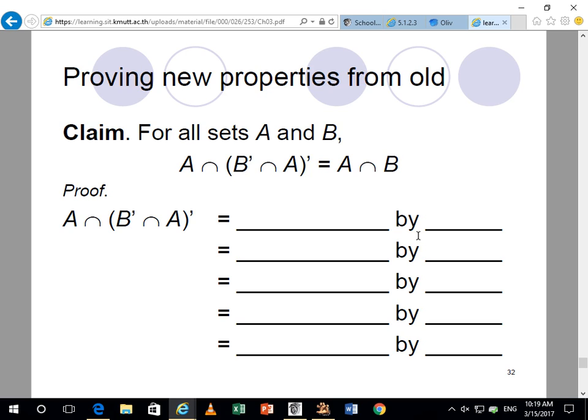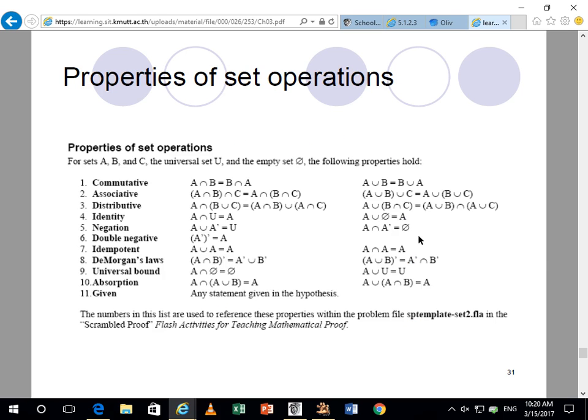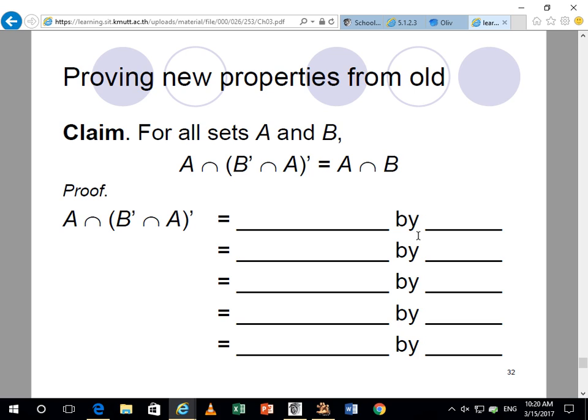Let's start out with the left-hand side. What property do you want to use? Set operation here. Which property? What do you want to do first? And tell me which property you're going to use.